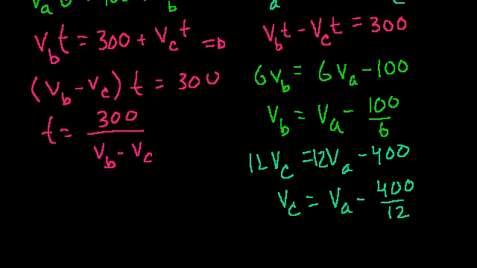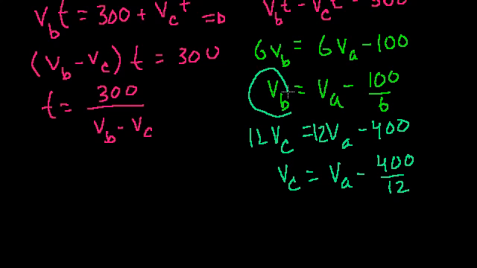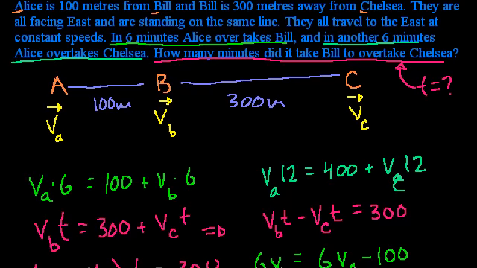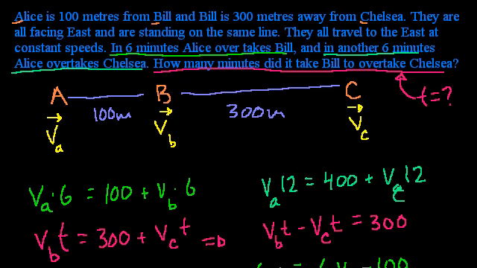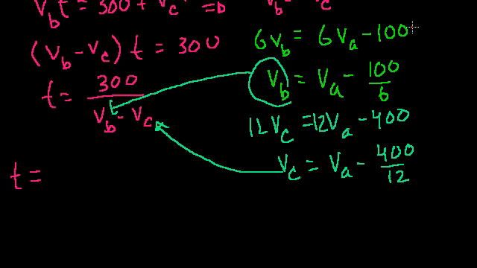All right. So let's see if we can substitute this back in for VB and substitute this back in for VC, and hopefully the VAs cancel out. It already looks like they should. So the time that it takes for Bill to overtake Chelsea, remember that's what T was. It's always good to remind yourself what this whole problem was about to begin with.